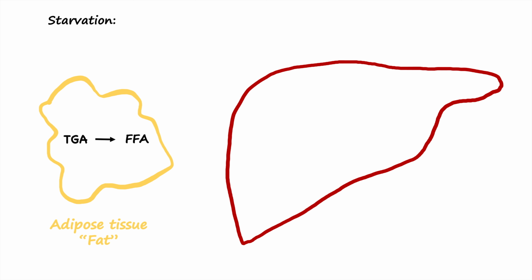Please note that the drop in the glucose is slow and the drop in the insulin is slow, and the free fatty acids will accumulate gradually. The free fatty acids will be taken up by the liver where ketogenesis will take place, right?